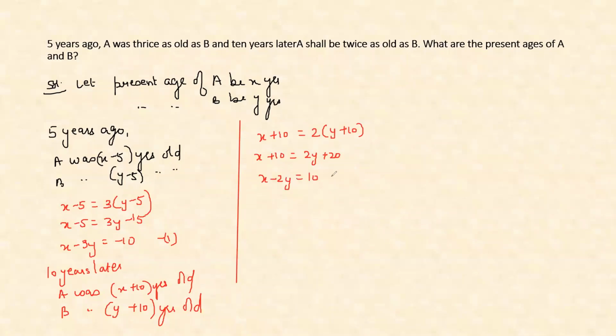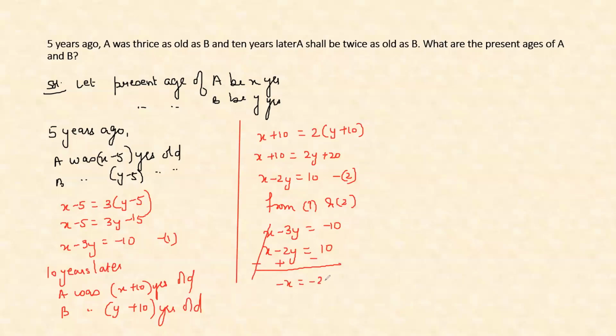So if I simplify, this is the second equation. So we solve both first and second equation simultaneously. X minus 3Y is minus 10 and X minus 2Y is plus 10. So if I subtract them, we get minus X equals to minus 20 or X equals to 20 years old. This is the present age of A. And accordingly, what should be Y?